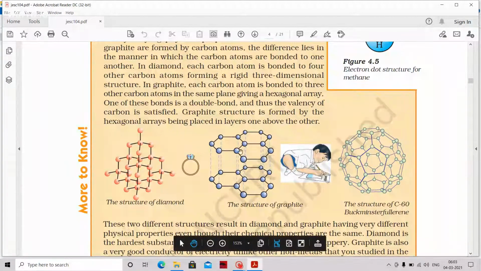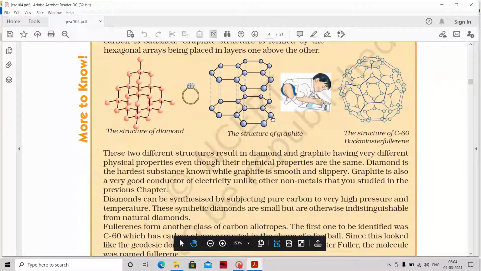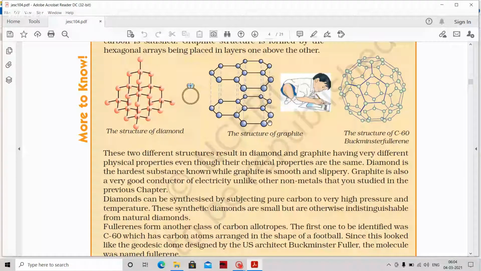So the graphite structure is formed by hexagonal arrays placed in layers one above the other. These two different structures result in diamond and graphite having very different physical properties. But their chemical properties are the same, as both are carbon. If you burn them, they both will burn and convert to carbon dioxide, or carbon monoxide in a limited supply of air.